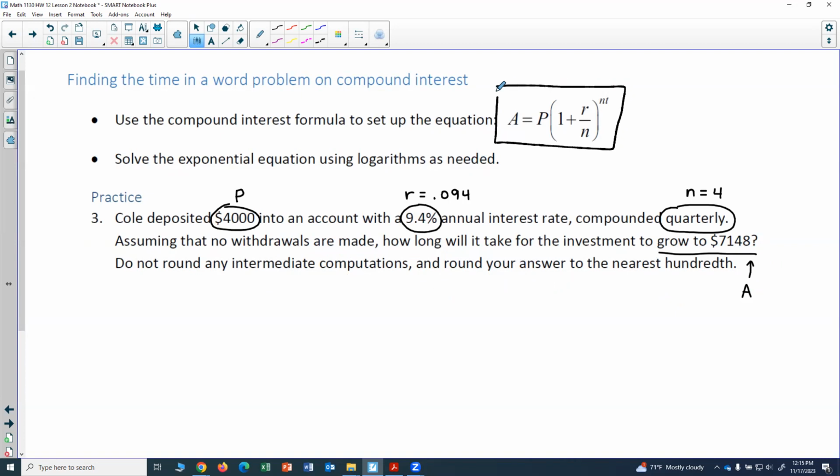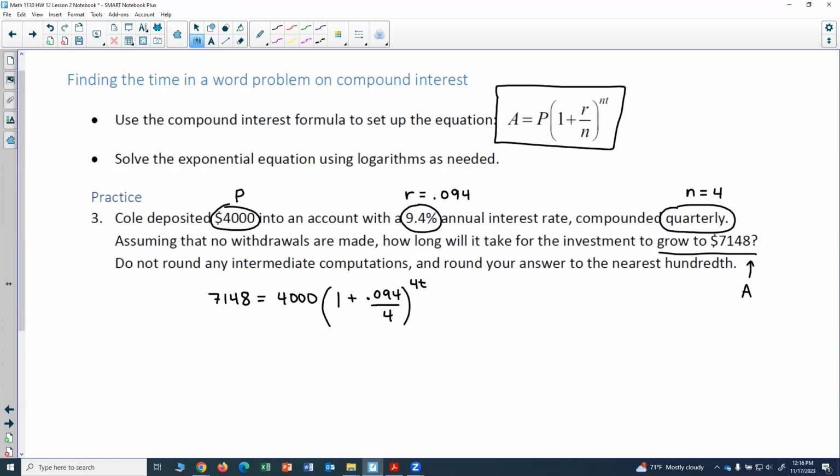My A value is 7,148. P is 4,000. Then I have parentheses 1 plus r over n, so 1 plus 0.094 over 4, to the nt, and n is 4, so to the 4t.